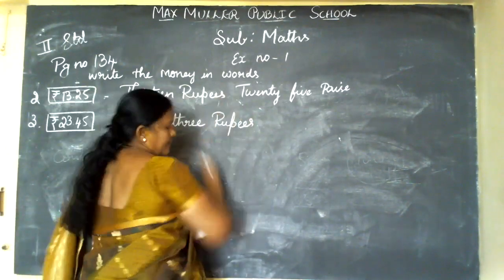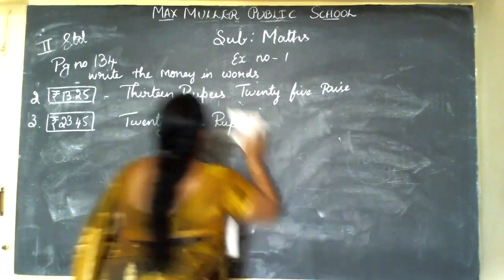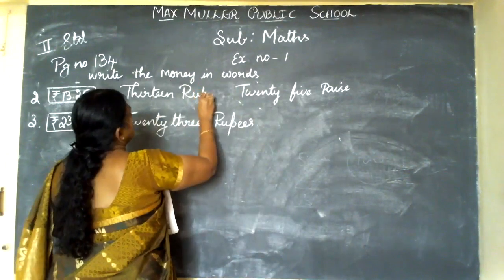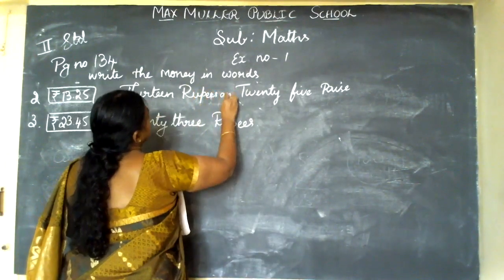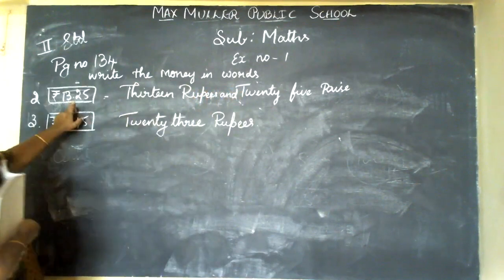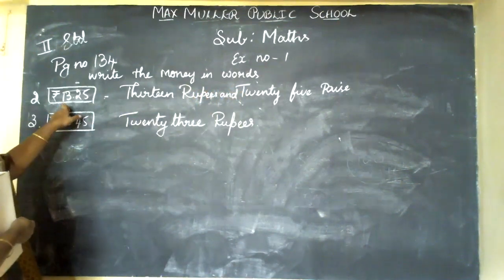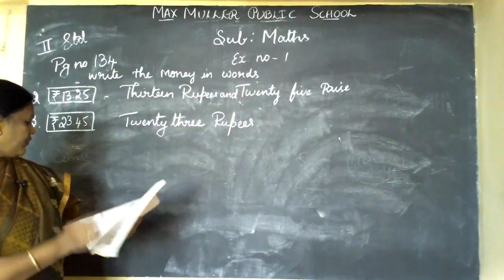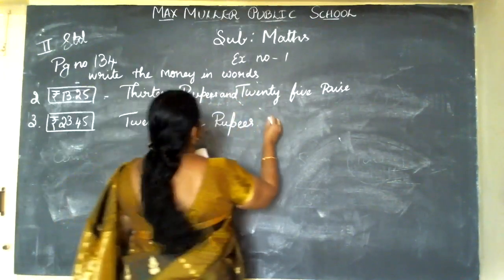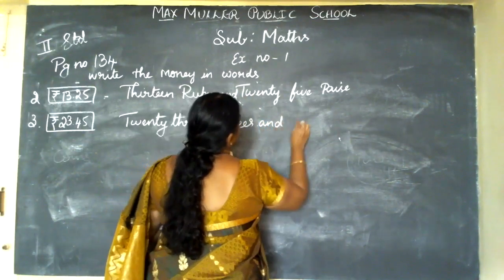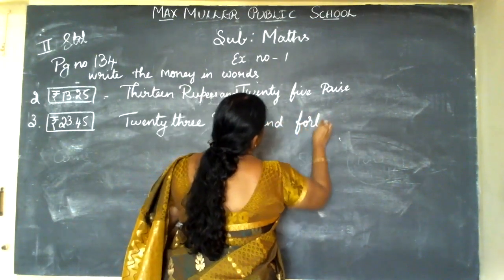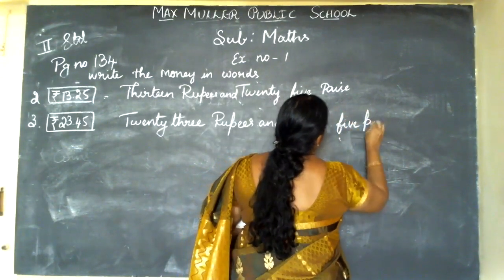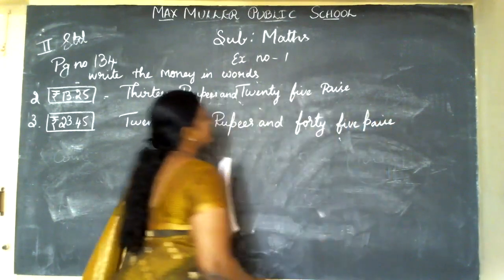You want to write here in the middle. And the dot is there, children? Here dot, 13 rupees. Dot means you want to write 'and', 25 paisa. 23 rupees and 45 paisa. This is yes.